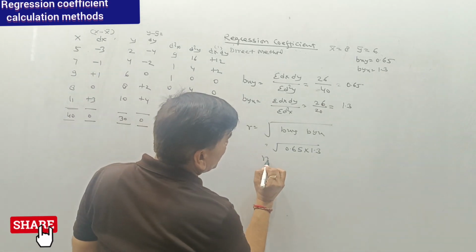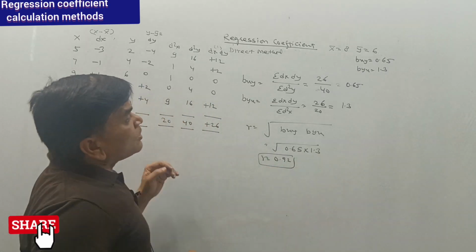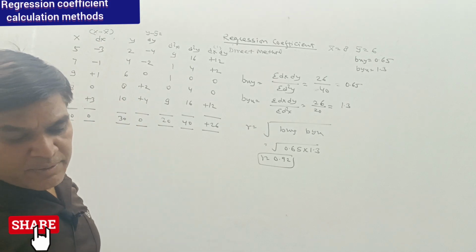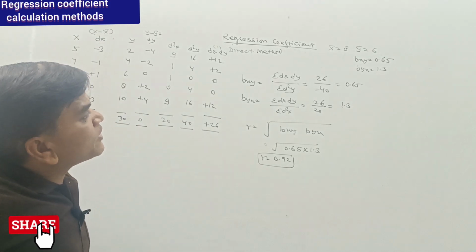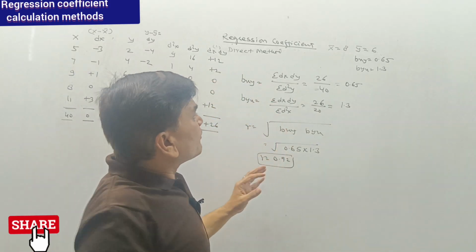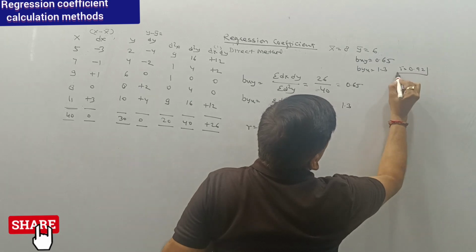So here the value of correlation can also be calculated. For Bxy and Byx we have calculated 0.65 and 1.3. This is the direct method. The value of r is 0.92.